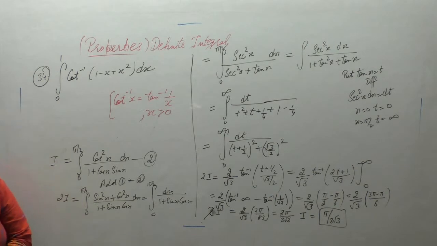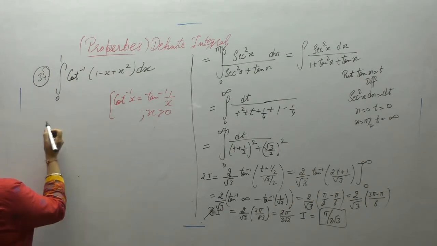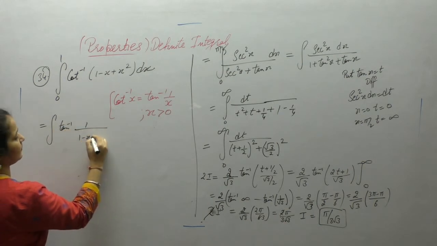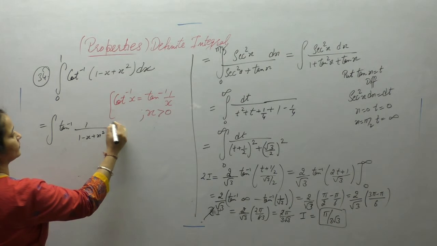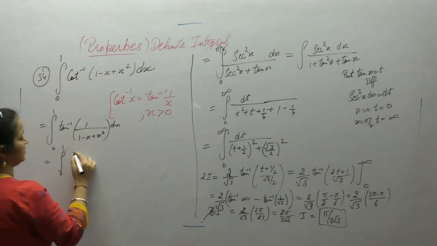Use this formula: cot inverse becomes tan inverse 1 upon the expression. Limit is 0 to 1.